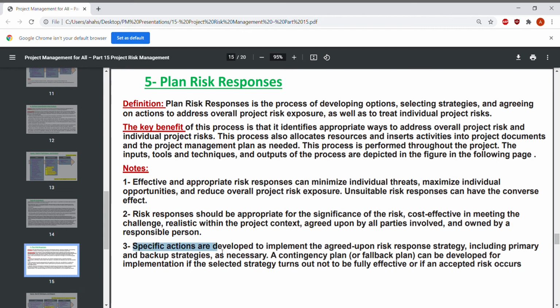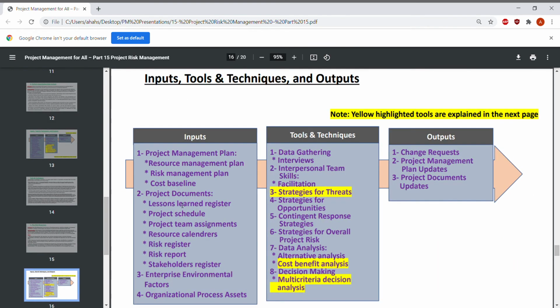Specific actions are developed to implement the agreed upon risk response strategy, including primary and backup strategies as necessary. So we should have a strategy, and we should also have a backup strategy.